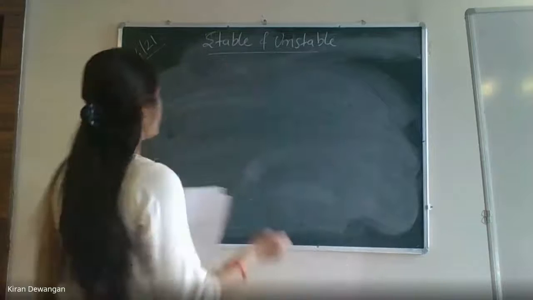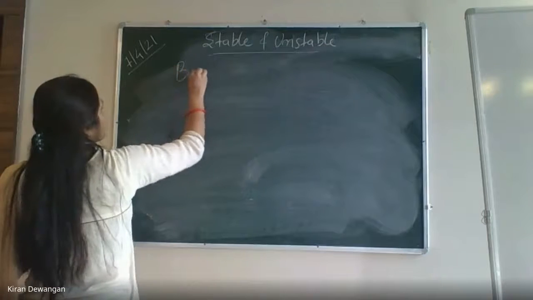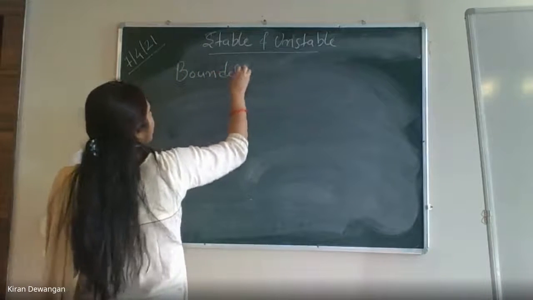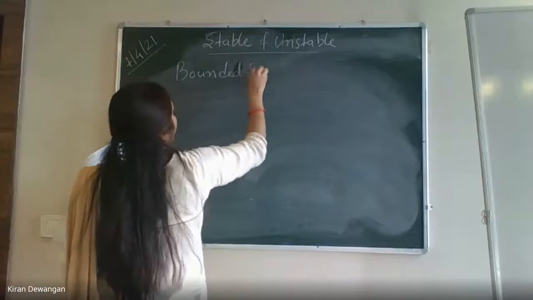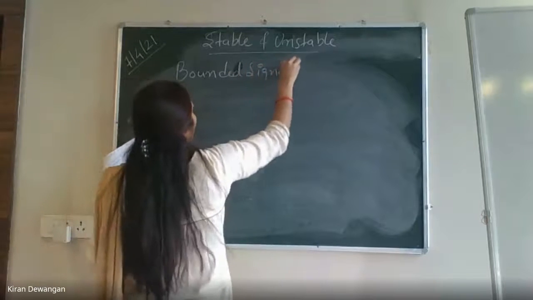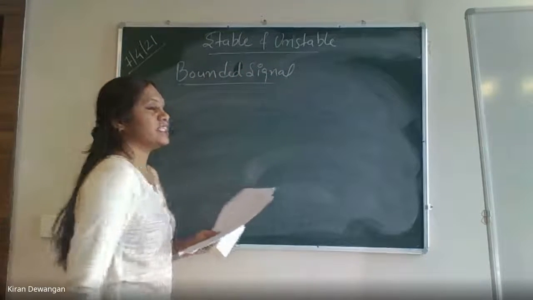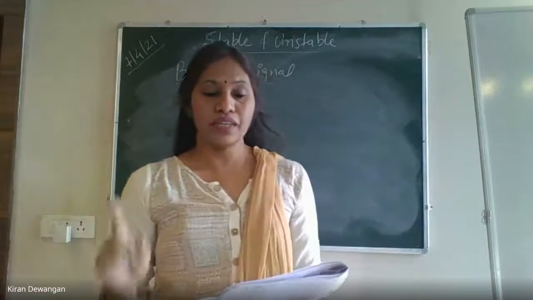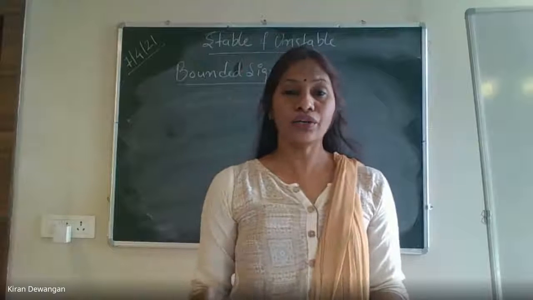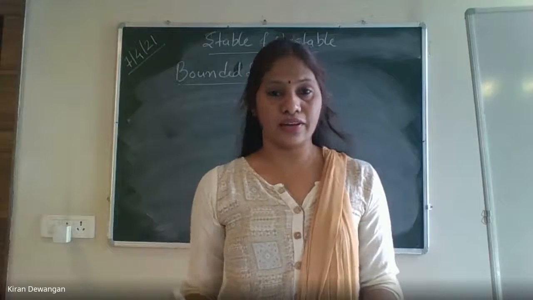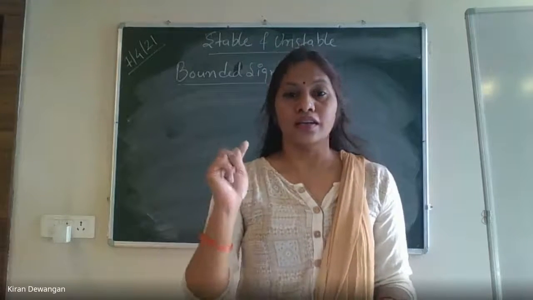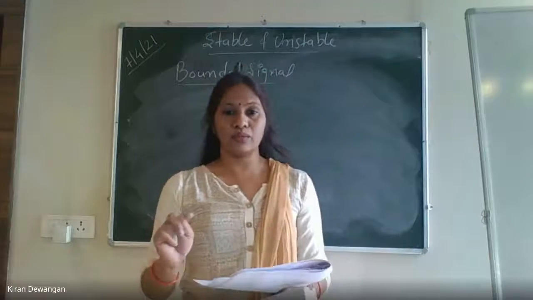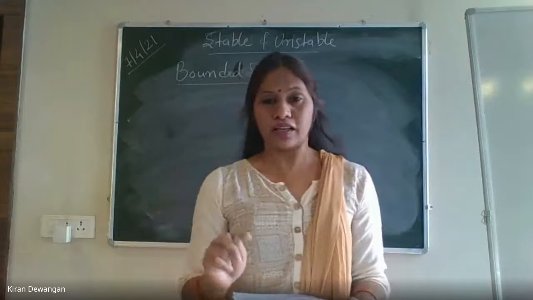Now what is a bounded signal? Bounded signal, just listen very carefully, students. It is a signal whose magnitude is always a finite value. That signal is a bounded signal.